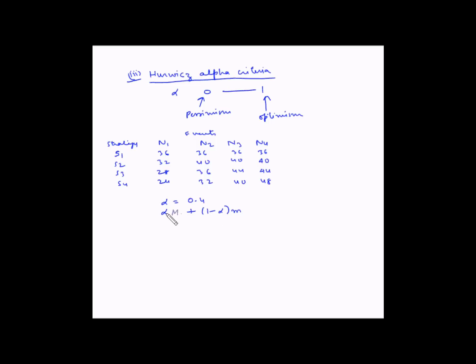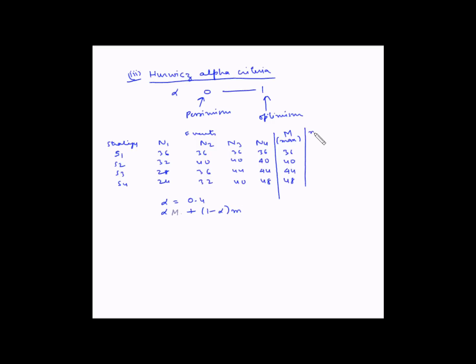So here we know alpha. Now we have to calculate capital M and small m. So let's do that. So capital M, that is the maximum payoffs. The maximum payoff for strategy S1 is 36, S2 is 40, S3 is 44, and S4 is 48.